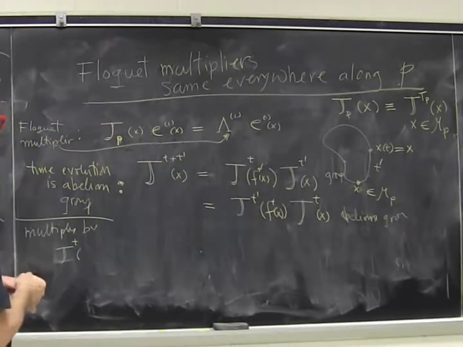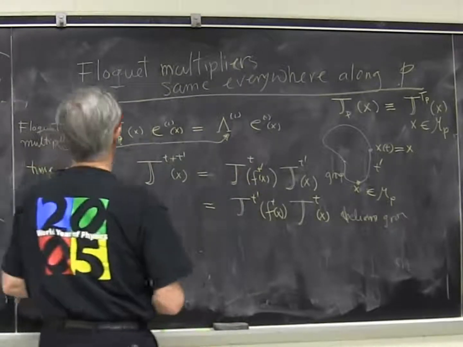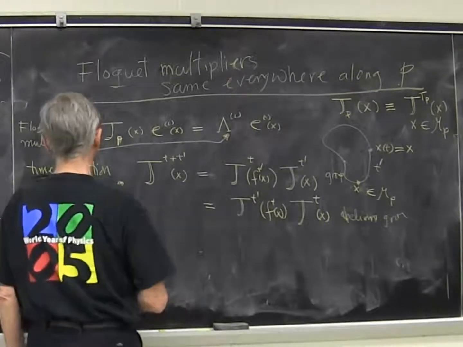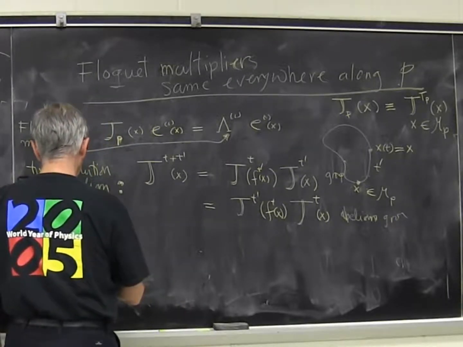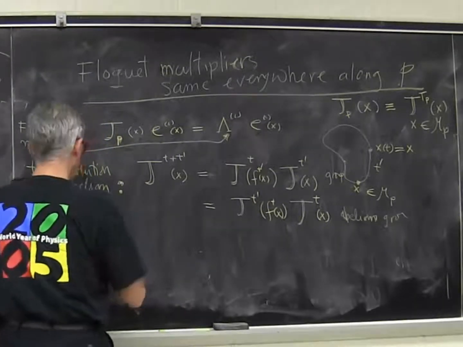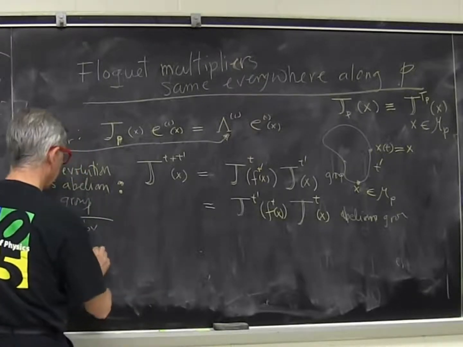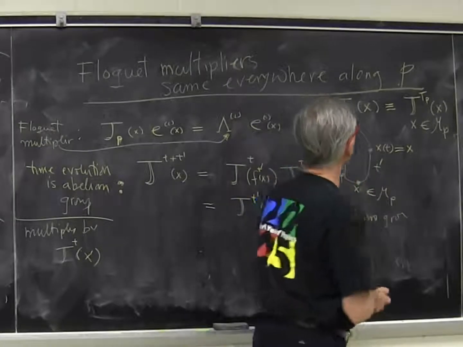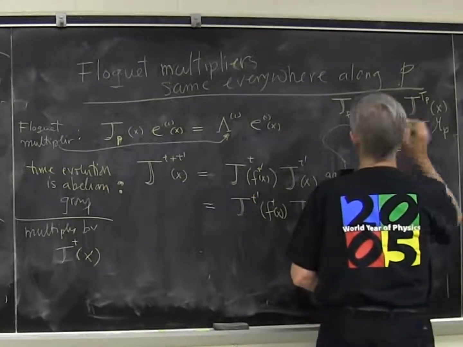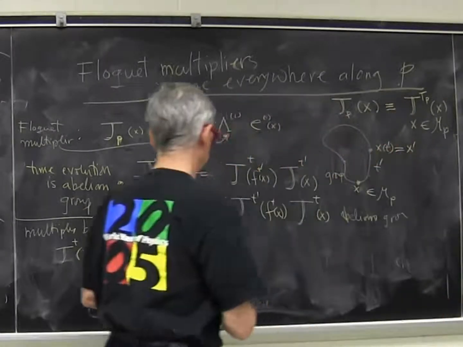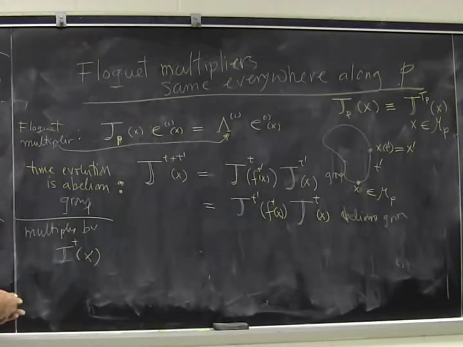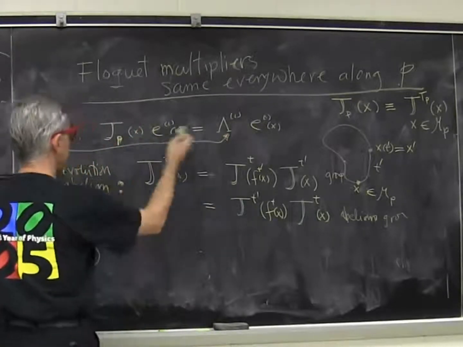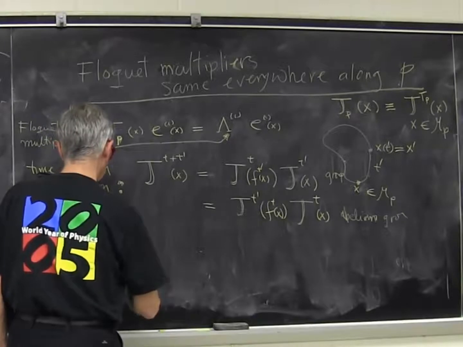So what I do is multiply both sides by J at x prime. So this is this point, t prime. And write this equation again.